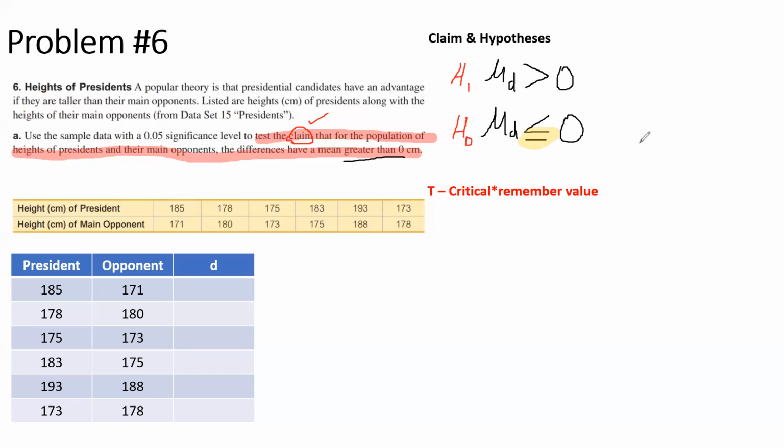Now, you didn't do it, but I'm going to do it for the sake of helping everyone. I always tell you, how do you know these statements are right? In your mind, you want to draw a little normal distribution. So we have the value of 0, which is right dead smack in the middle. This first statement, which we got from the claim, is saying greater than 0. Now that means if I'm saying greater than, I'm not really accounting for the value of 0, but I am doing everything over here.